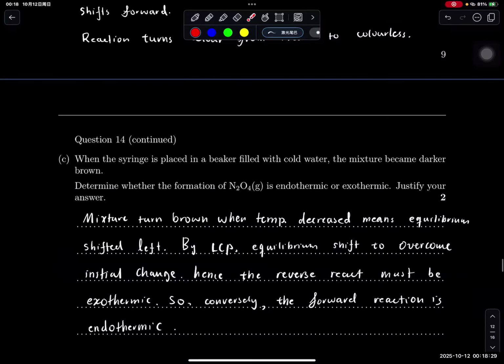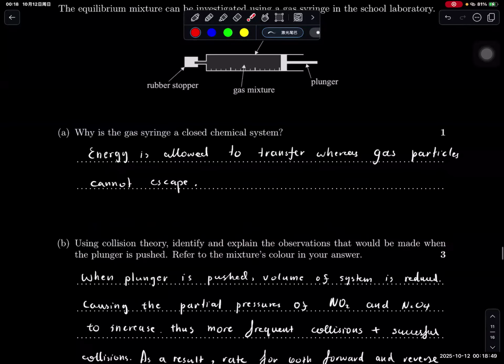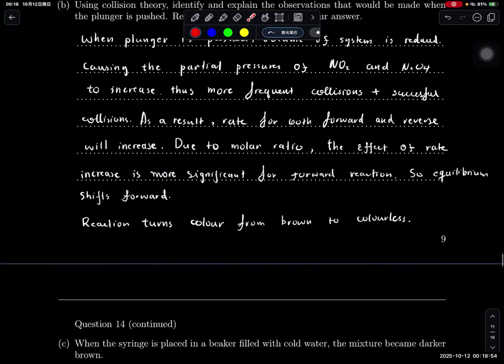Question 14C. When the syringe is placed in a beaker filled with cold water, the mixture becomes darker brown. Darker brown means the concentration of NO2 has increased. Determine whether the formation of that is endothermic or exothermic. Like we said, darker brown indicates more NO2, which means the reaction shifts to the left. So what's the change here?